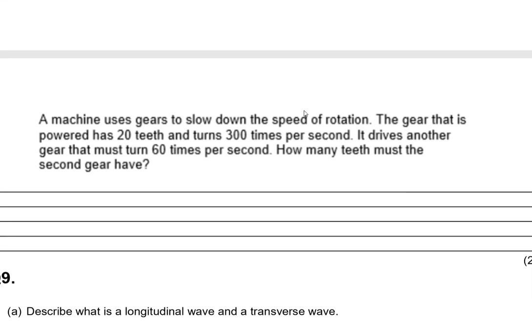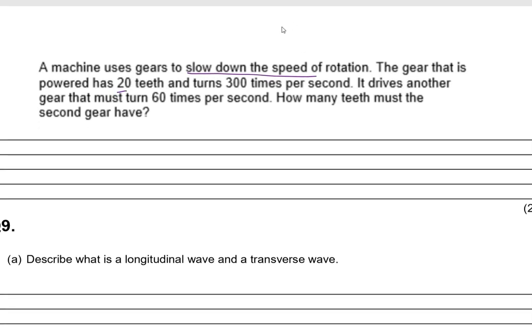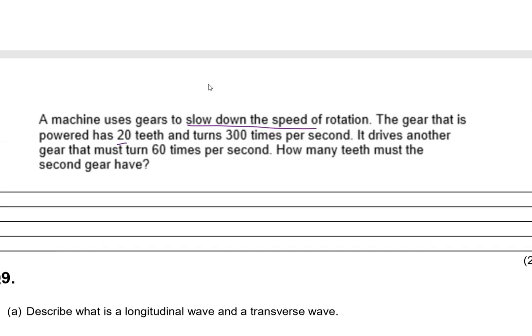So use the gear to slow down rotation. So slow down rotation. Now the gear that's powered has 20 teeth. Okay, so we have a 20 teeth gear. Now the question tells you that they want to slow down the speed of rotation. Now, which gear size can rotate slower? A big gear.